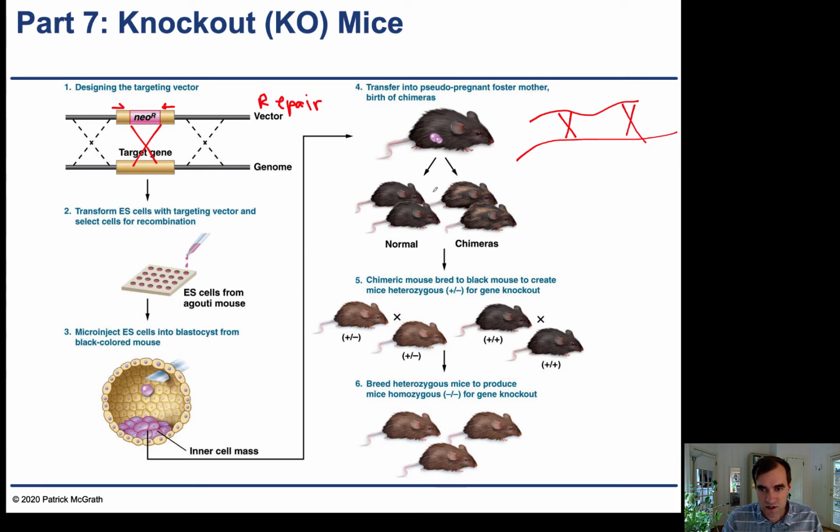And so this develops what's called chimeras, and the idea behind chimeras is that of the billions of cells that are created, some of those cells are going to be descendants of this ES cell that you've injected. And so if you do it, for example, on a gene that's responsible for the black coat color, then what you will observe is chimeric mice.